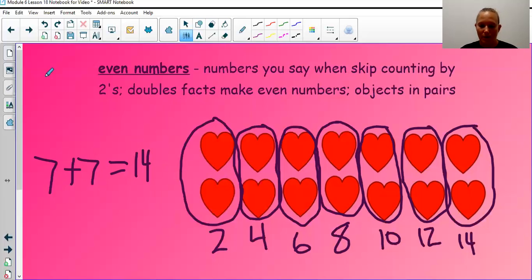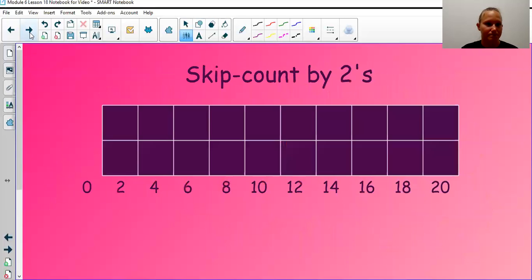Okay, so now let's take a look at this array we have here. You'll notice that each tile is paired up. There are no tiles left over. So we know that this array has an even number of tiles. So we're going to practice skip counting by twos forward and back. So we're going to start with 0 because 0 is also an even number.